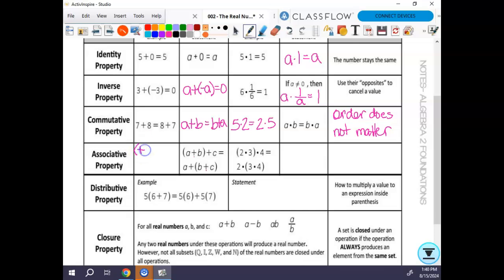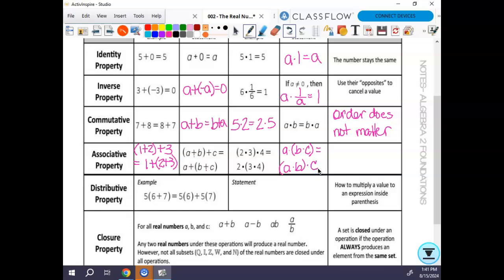So we do what? 1 plus 2 plus 3 is equal to 1 plus 2 plus 3. Multiplication works that way as well. A times B times C is equal to A times B times C.